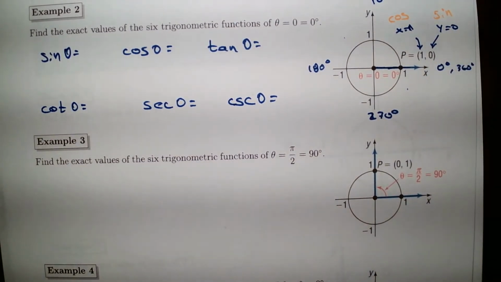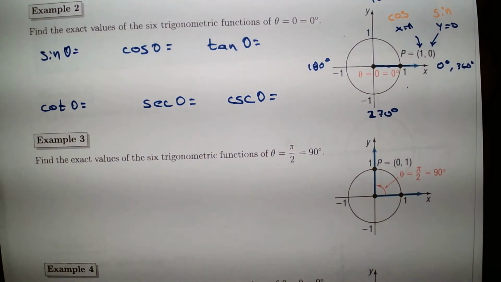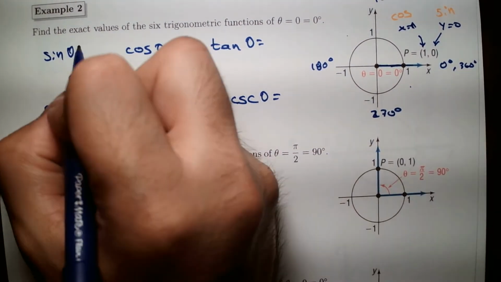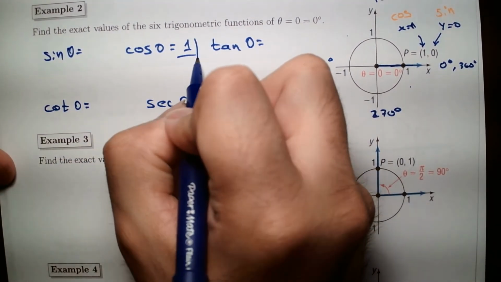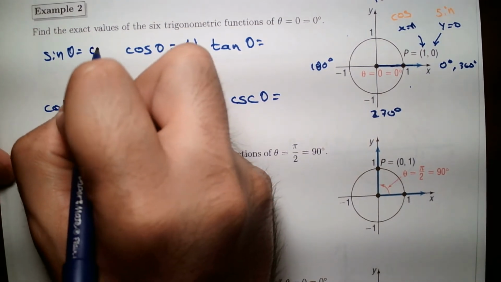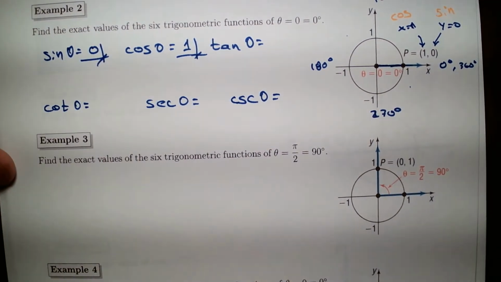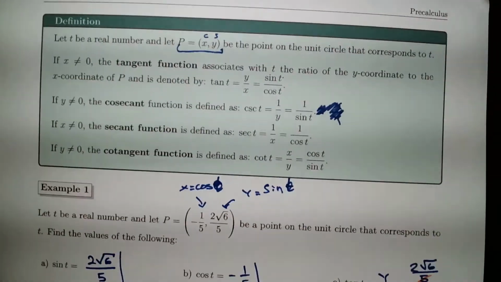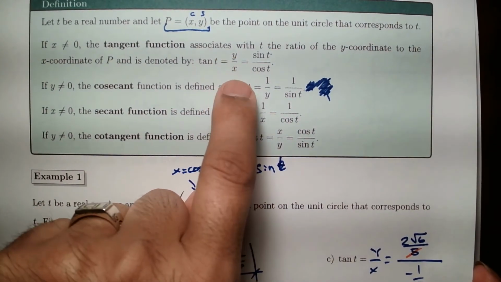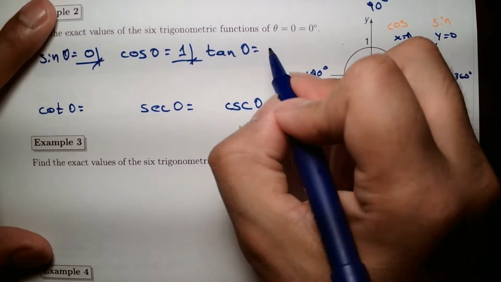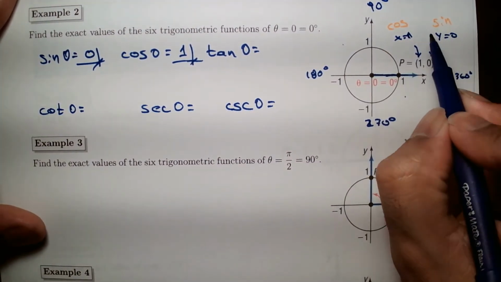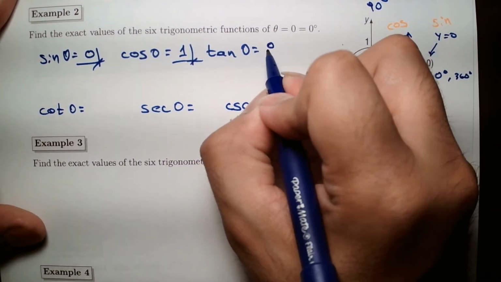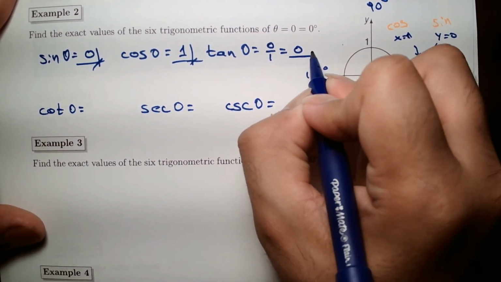So the first two are really easy to answer. Cosine of 0 is 1 and sine of 0 is 0. And then we need to define tangent again from the previous page. Tangent is defined as y over x. In this case, y over x, which is 0 over 1, that's a 0.